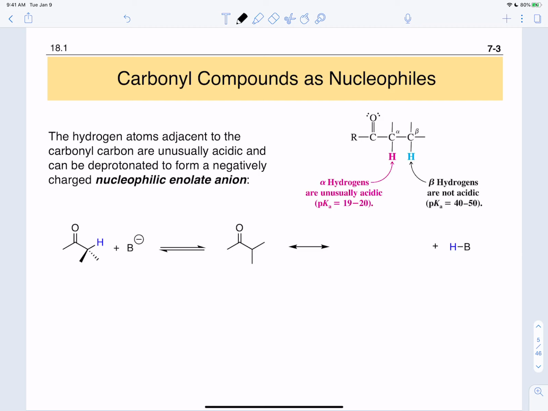But first we're going to focus here on just what an enolate is and how it can form using basic reagents. So we have B here as just your general generic base. And these alpha hydrogens that are next door to the carbonyls also become quite acidic. So we can see here that the alpha hydrogens are usually a pKa of about 19 or 20.